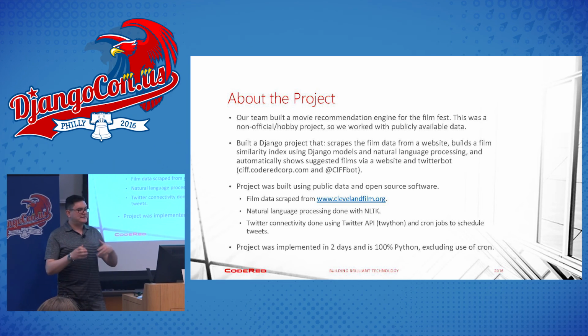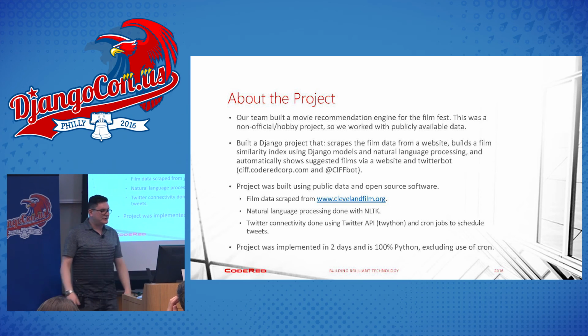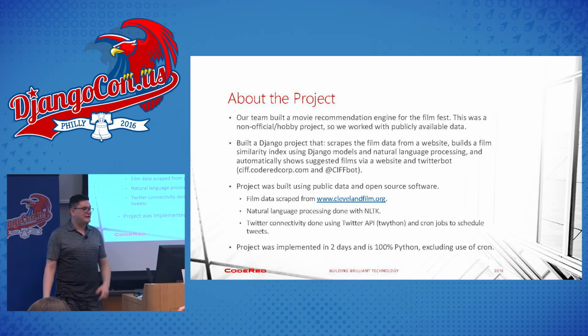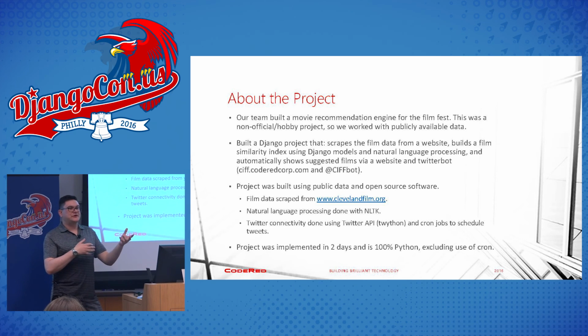So we decided to take the publicly available data that they published on their website and do a little bit of natural language processing on it to identify which films were similar to the other films, so we could have a guide as to what to watch. We also did a Twitter bot as a fun aspect of it. It would tweet out during the show times, saying this film is starting, and when the film was over, this film is ending.